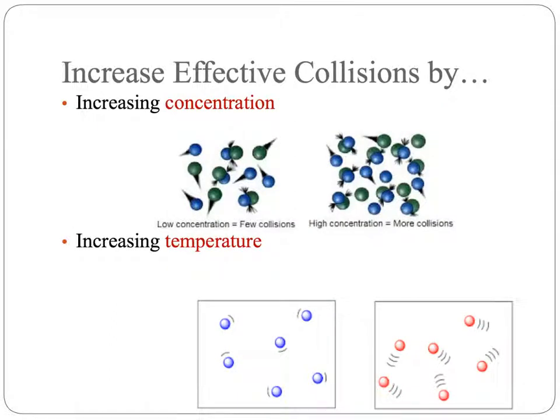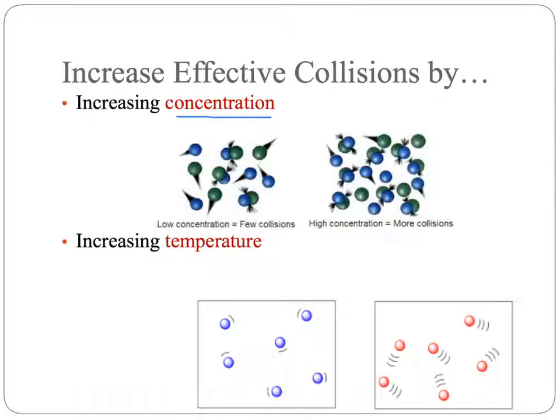So reaction rates are dependent upon effective collisions. And in order to increase the effective collisions that happen in a chemical reaction, there are several things that will improve your chances. The first one is to increase the concentration of the reactants. If you just think about it, that makes sense.